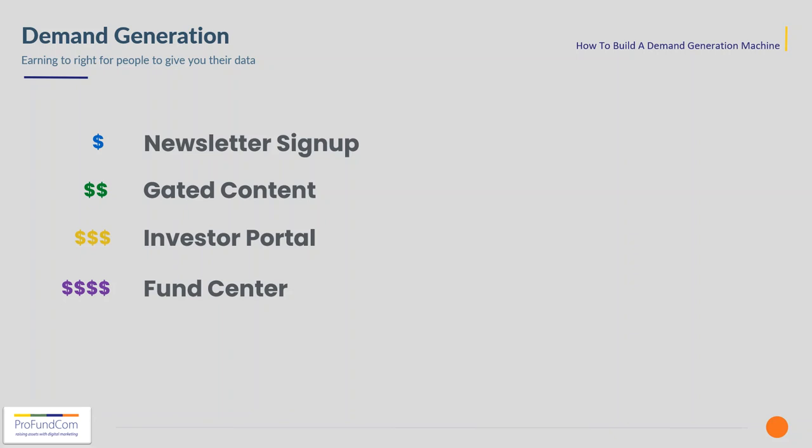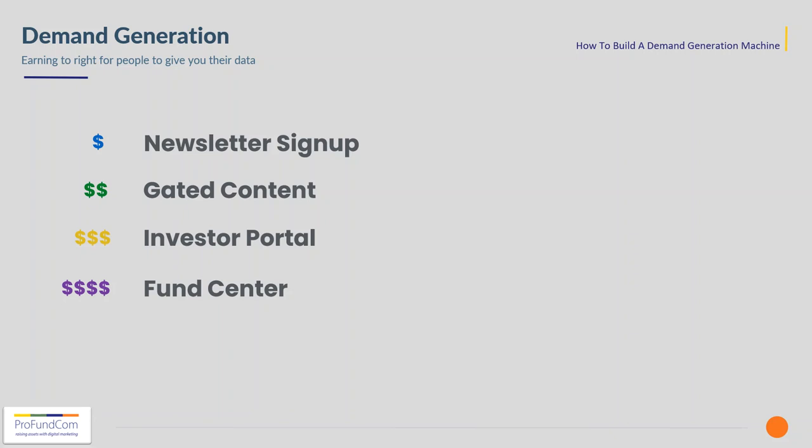I've listed here what our estimates have been on an order of magnitude of cost. So you have to really earn the right for people to give you their data and their details. But this is inbound marketing, demand generation slash inbound marketing, where people are finding your content valuable and interesting.